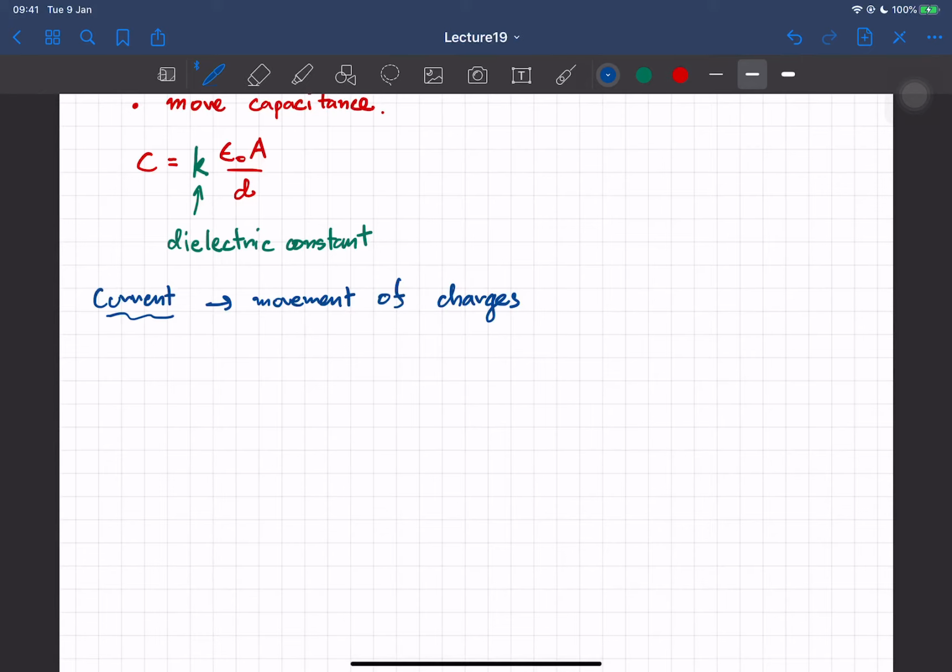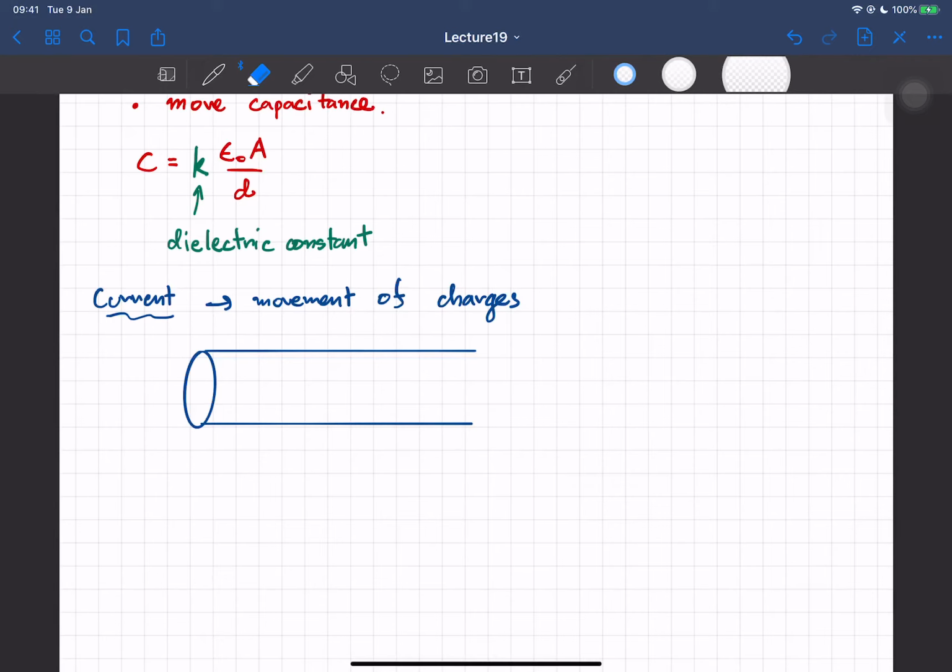The definition of current is actually quite simple, but we want to be quite careful in writing it down. So I will do it like this. Let's imagine that we have a cylindrical wire of some kind of metal or any conductor, right?